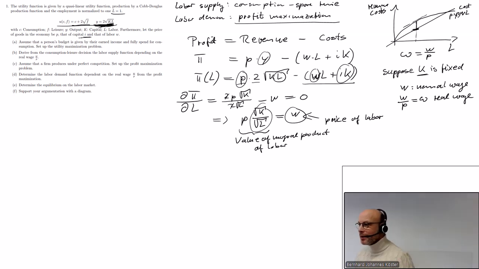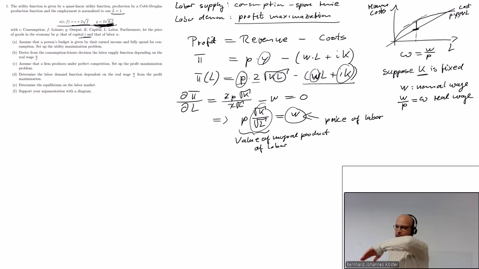And when is it profitable to hire a new person? It is profitable if the left-hand side is at least as large as the right-hand side, so that the additional revenue is at least as large as the additional cost, because otherwise I would lose something. And since I have assumed this decreasing marginal product, the additional revenue starting from the first, second, third person and so on is decreasing.